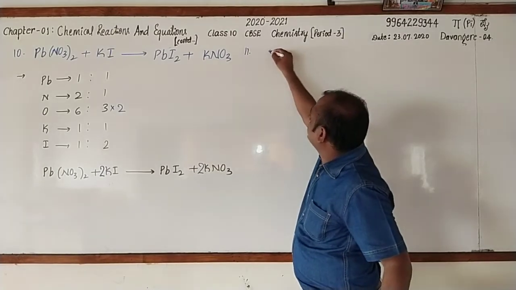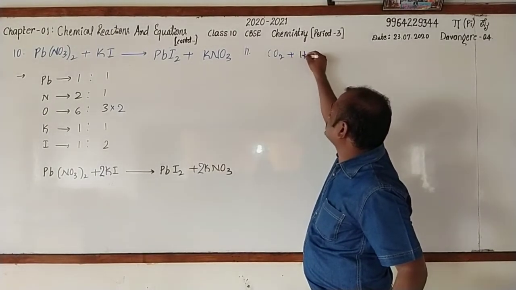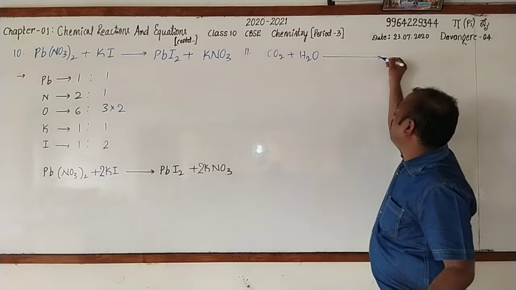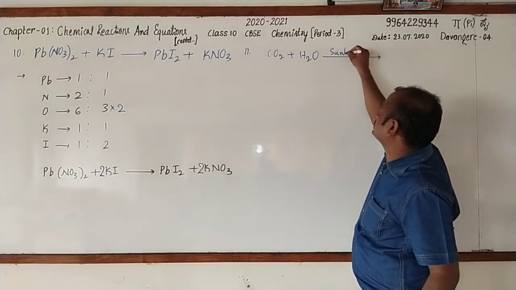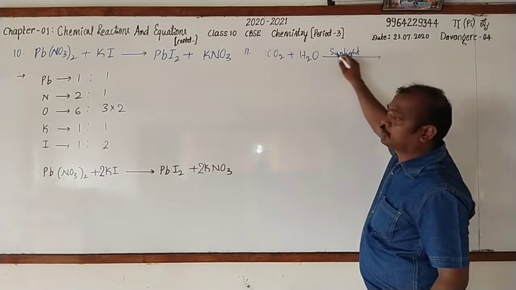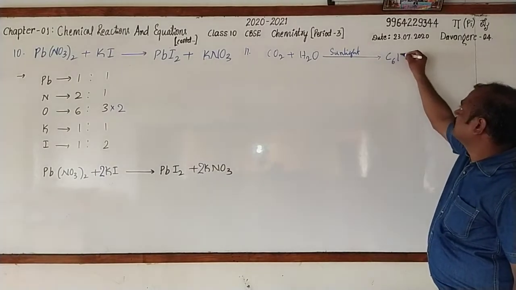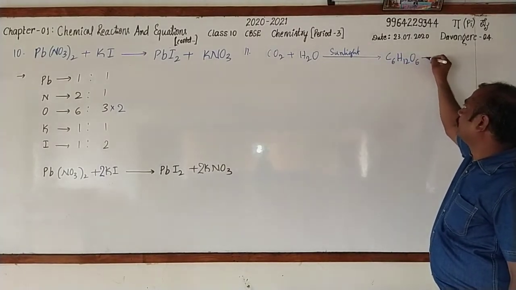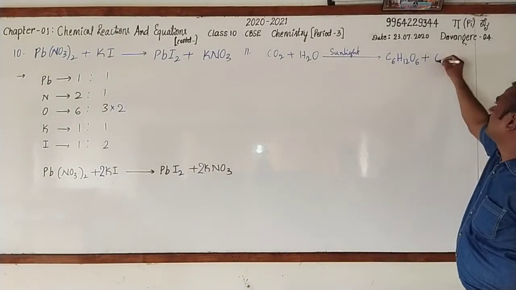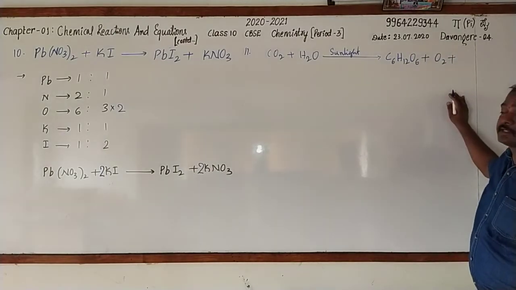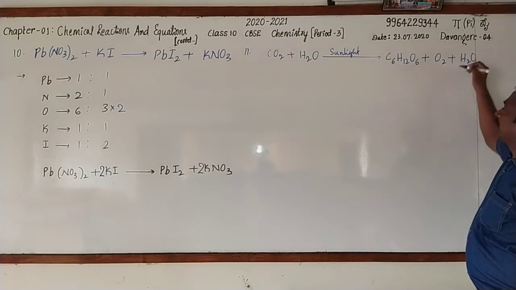We know that carbon dioxide reacts with water in the presence of sunlight and chlorophyll. Then we will get glucose, that is C6H12O6, plus oxygen plus again water.